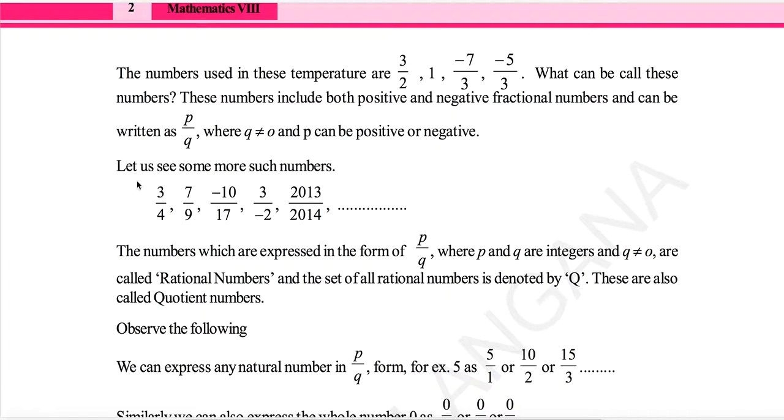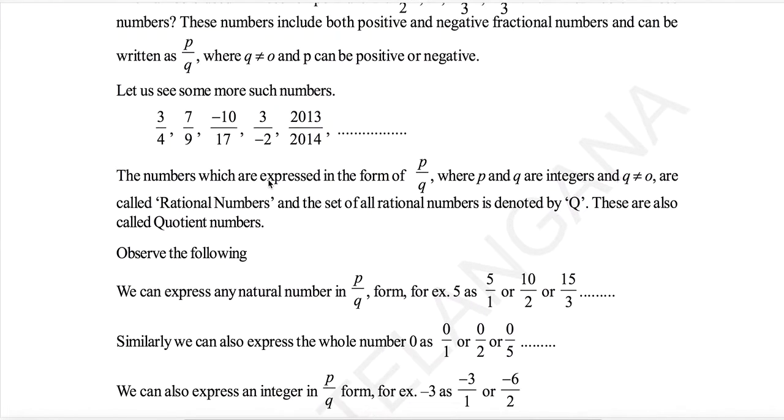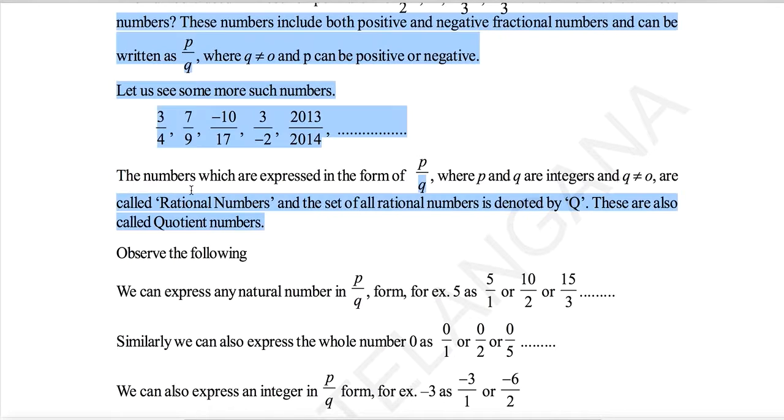Let us see some more numbers: 3 by 4, 7 by 5, 9, minus 10 by 17, 3 by minus 2. The numbers which are expressed in the form p by q, where p and q are integers and q not equal to 0, are called rational numbers. So this is the definition of rational numbers.